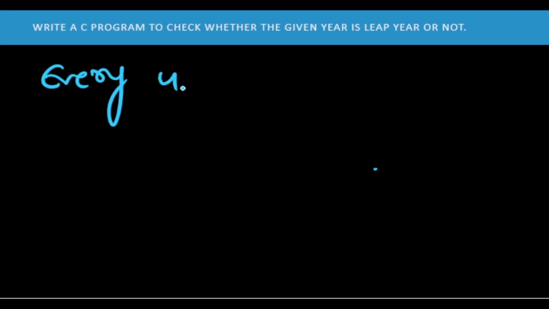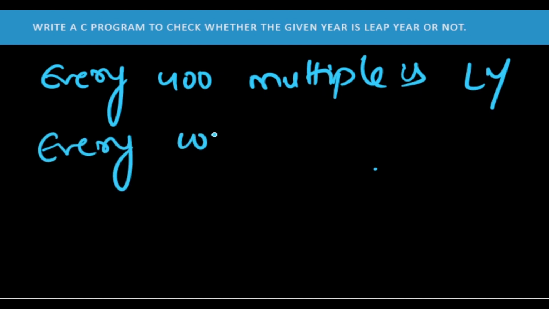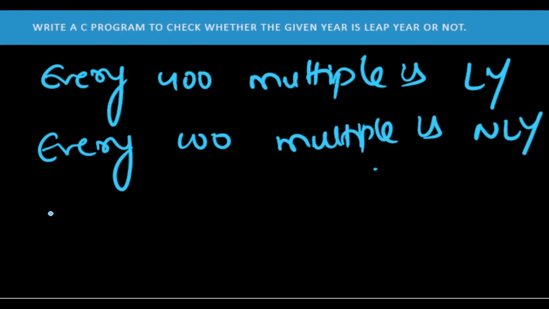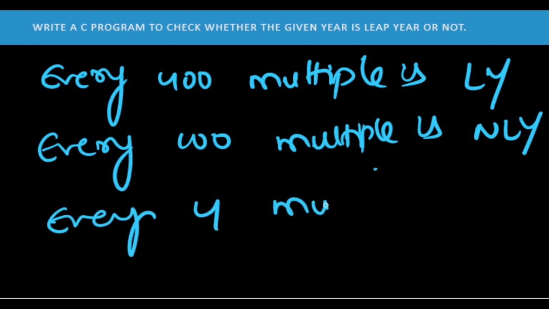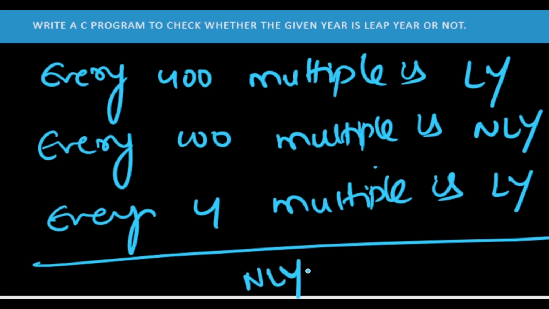Every 400 multiple is a leap year, but every 100 multiple is not a leap year, but every 4 multiple is a leap year. If you go beyond all these cases, the answer is not a leap year.